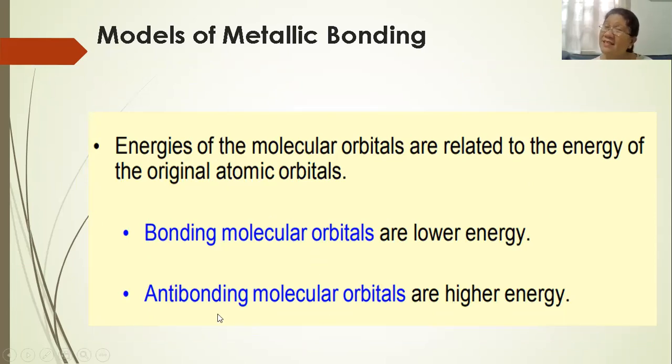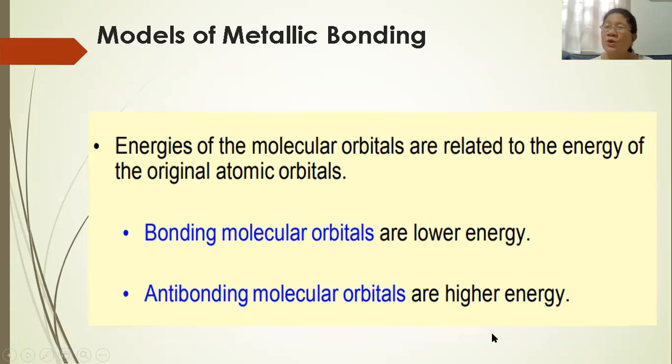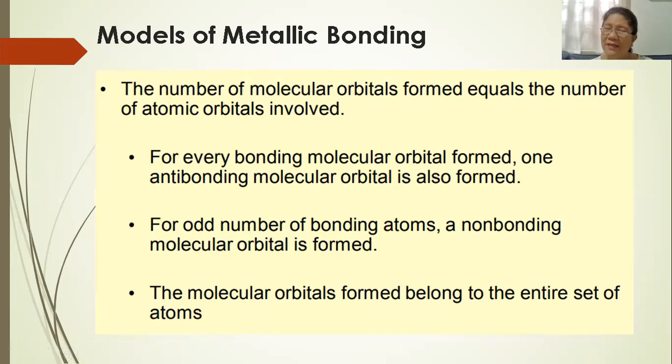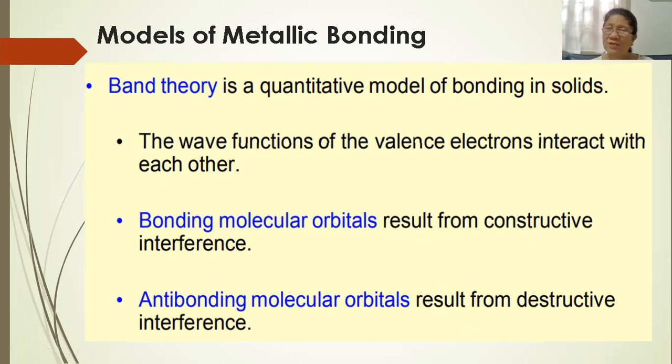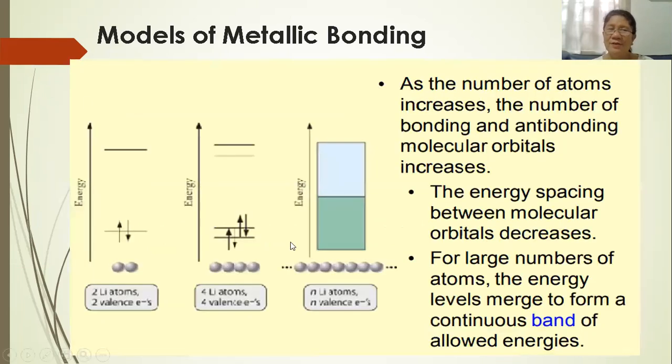But if it is destructive interference for the anti-bonding, what happens? Your energy will be higher. It is the opposite, okay? In the bonding molecular orbital, its energy is lower because of constructive interference. For destructive interference, it will have a higher energy. So, these are the models of metallic bonding with its energy.